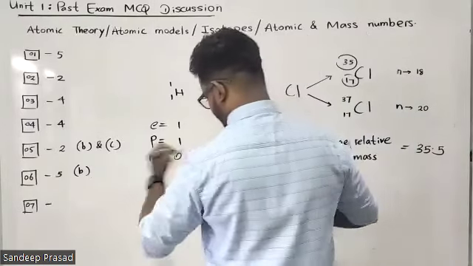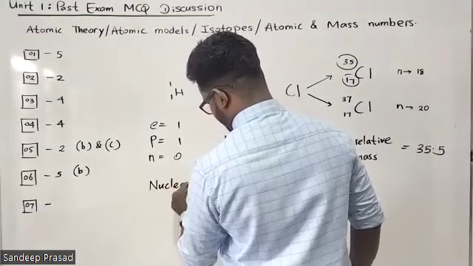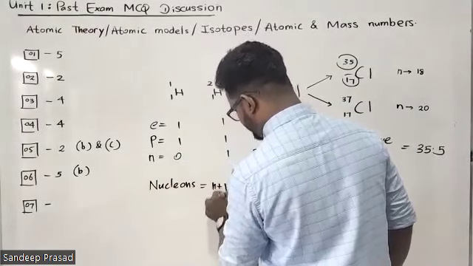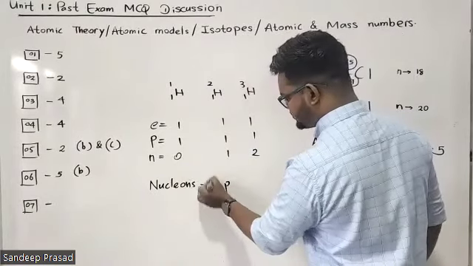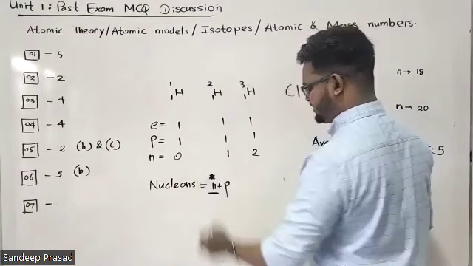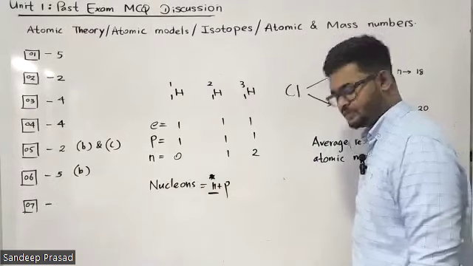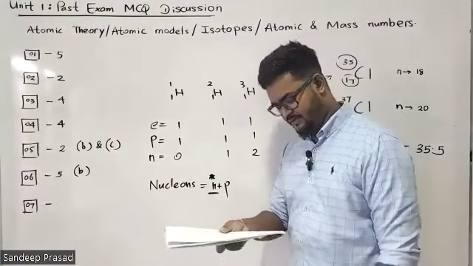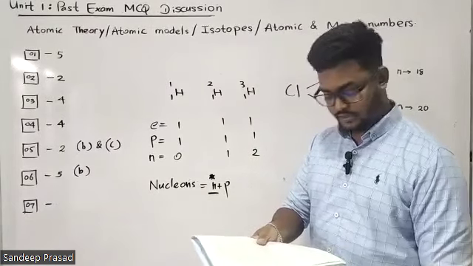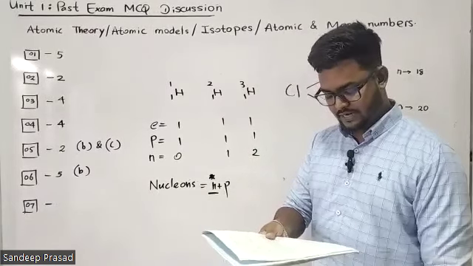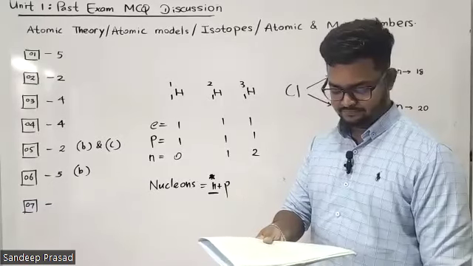Remember, students, nucleons means the number of neutrons plus protons. We know that the number of neutrons changes when you consider isotopes. So the nucleon number also changes. So the statement that every atom in an element has an equal number of nucleons is wrong, right? In an atom, the atomic number is equal to the number of electrons it has.